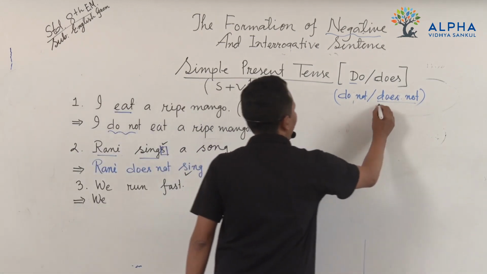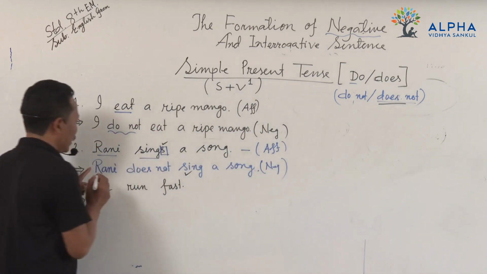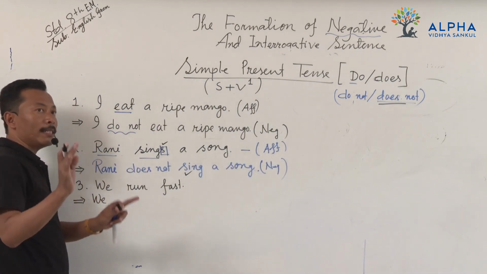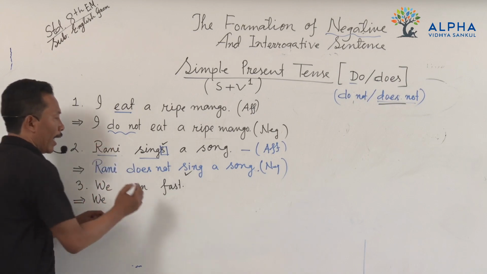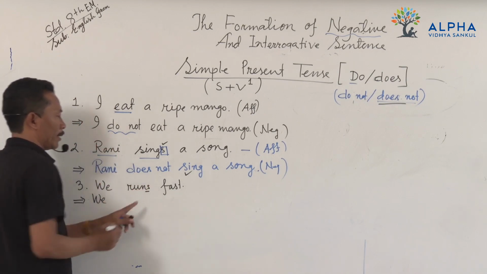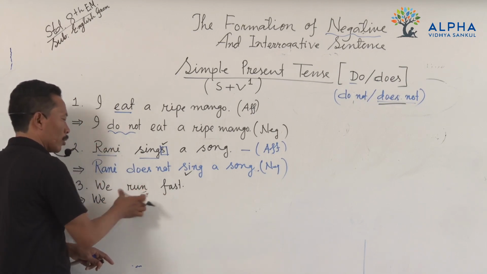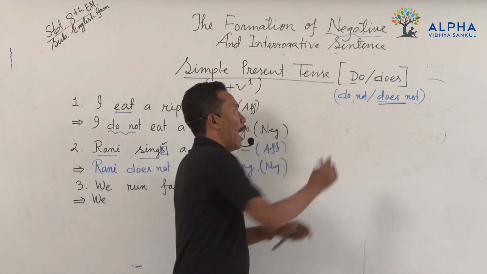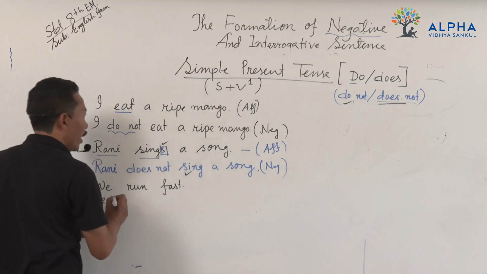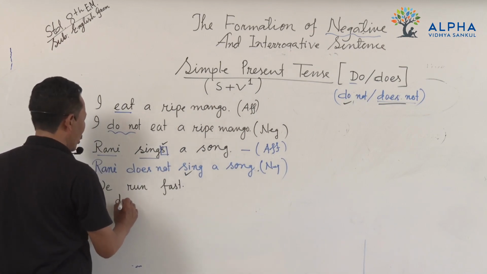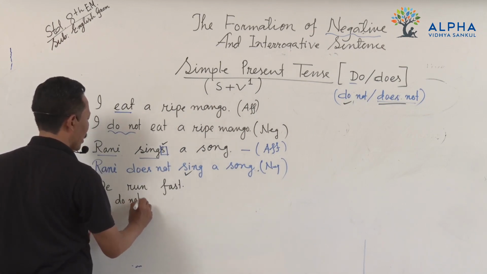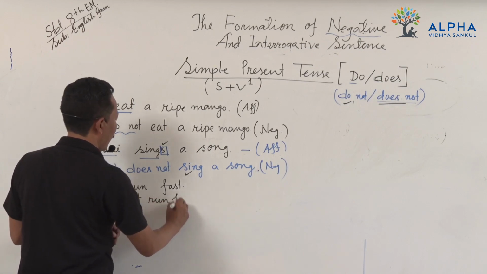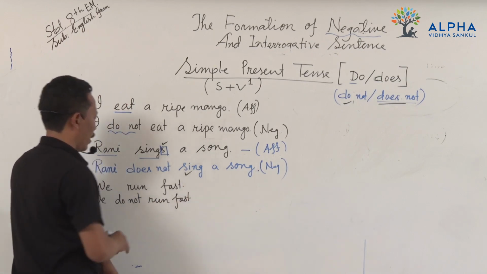I told you, for does not, the subject should be third person singular number, and at the end of the verb there will be S. No, there is no S. So there is no chance of using does not. And the answer is do not. We do not run fast.